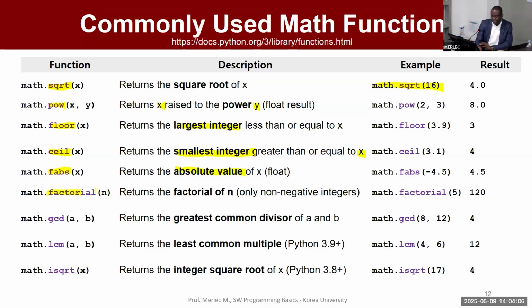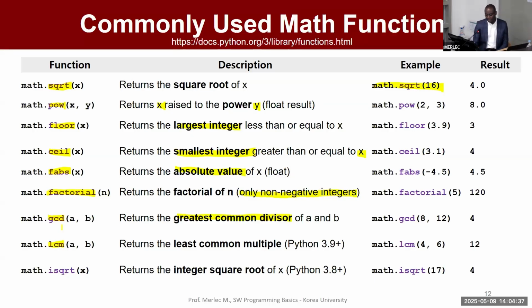The factorial is the function which returns the factorial of n. It only accepts non-negative integers. We have GCD that receives 2 values and returns the greatest common divisor of a and b, which are given as parameters. You have the LCM, which stands for least common multiple.